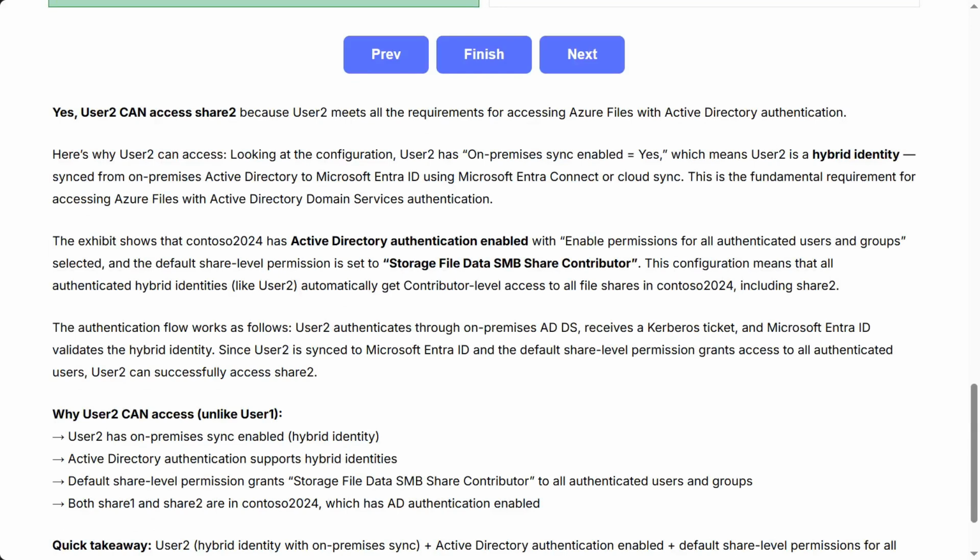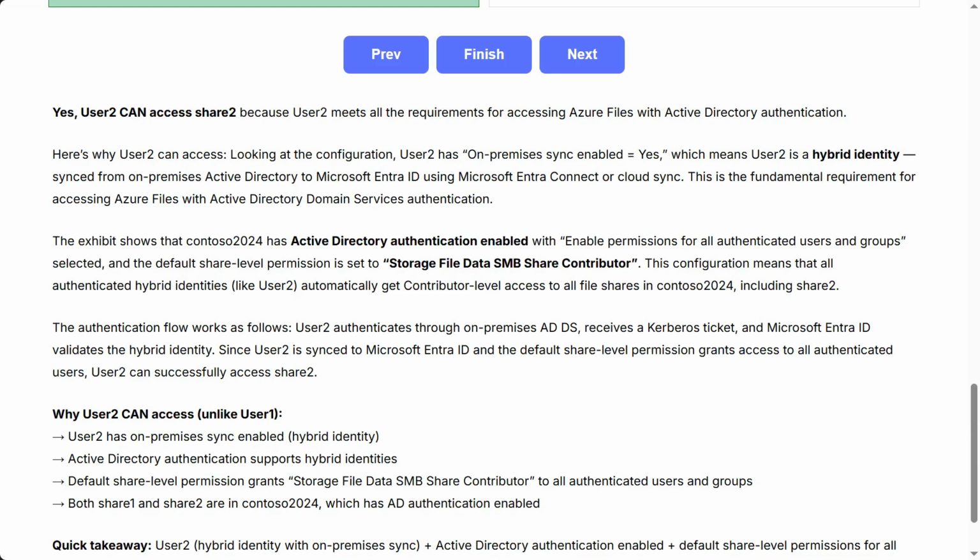Looking at the configuration, user 2 has on-premises sync enabled yes, which means user 2 is a hybrid identity, synced from on-premises Active Directory to Microsoft Entra ID using Microsoft Entra Connect or Cloud Sync. This is the fundamental requirement for accessing Azure files with Active Directory Domain Services authentication.